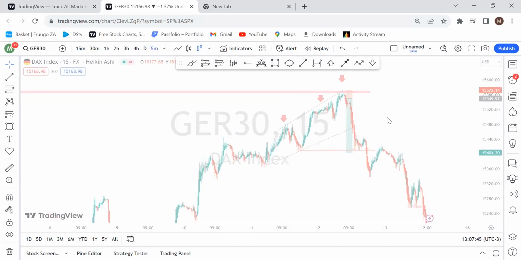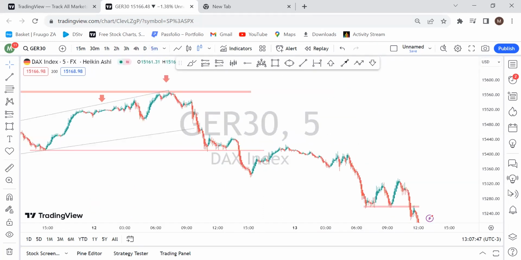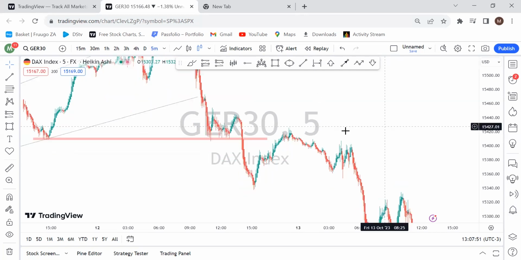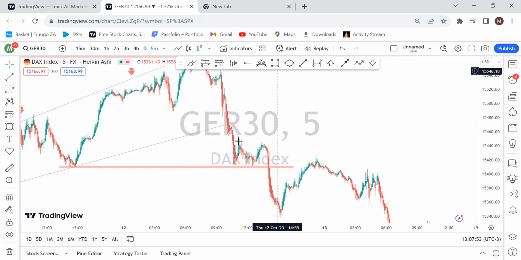So fine. If you were not done, you can now still look at the market and see what's going on. So obviously, there's a nice double top for continuation to the downside.